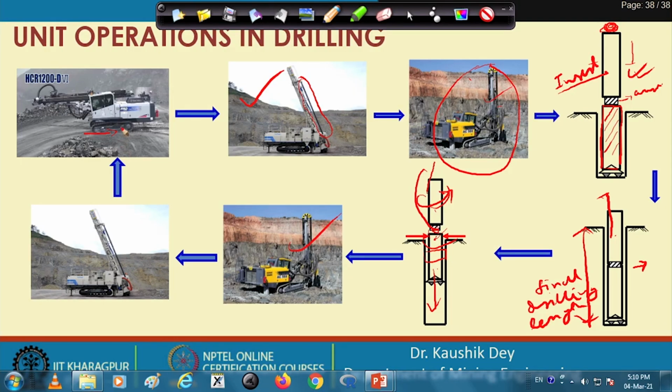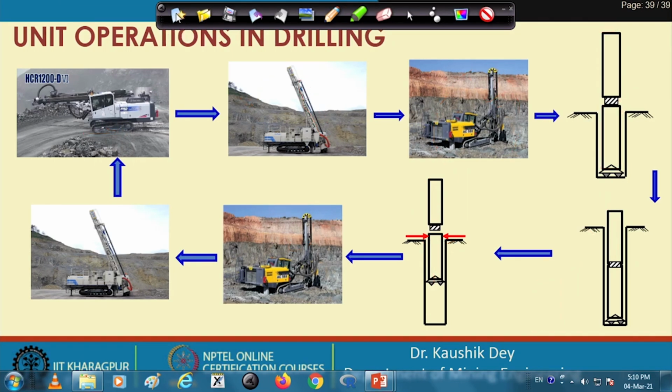So, this is basically the cycle of the different unit operations in general you carry out in a mining purpose. This part is very important.